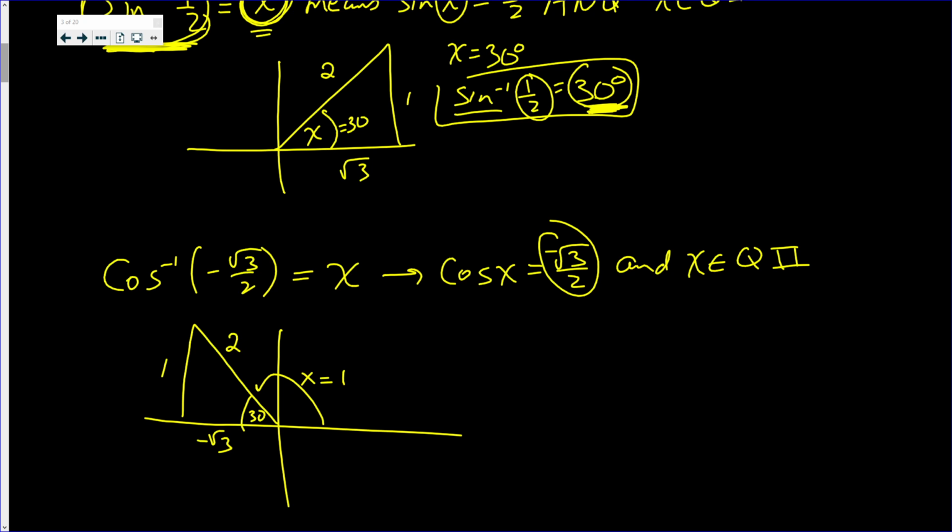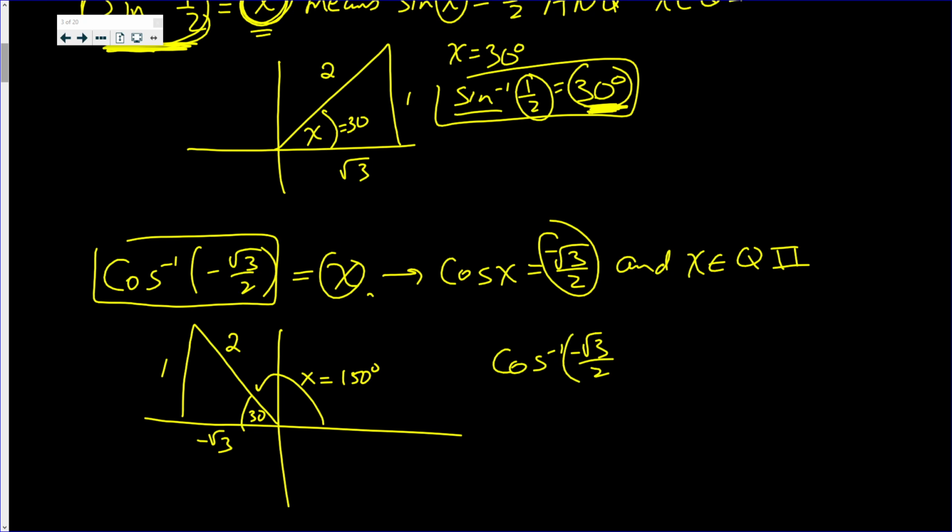So x must be 150 degrees. The cosine inverse of this, which we're calling x, must be 150 degrees, which is 180 over 6. That's 30 times 5. That's another way of writing the answer.